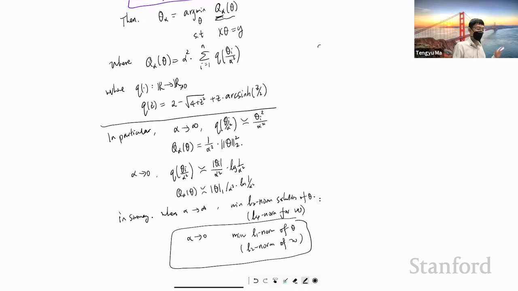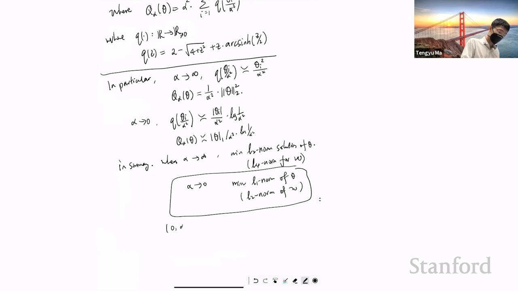So this regime is what we have seen in the last lecture, with a very similar model, right? But this characterizes the whole regime, and between alpha and 0, you basically have some kind of interpolation between L1 and L2 regularization.